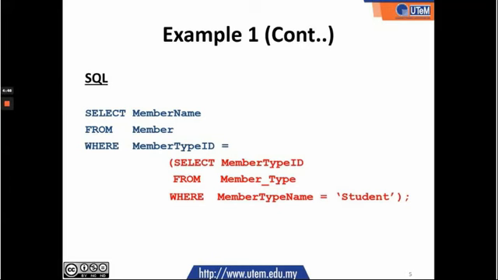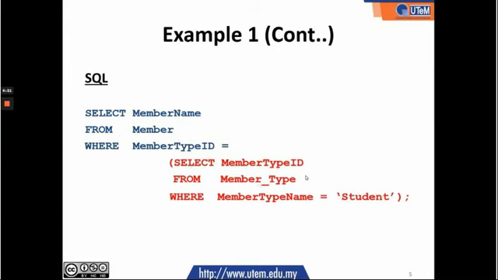First, we need to get the member type ID for students. Then we can find the member names in the member tables based on the related member type ID. As we have learned in Module 14, this statement is known as the inner query.